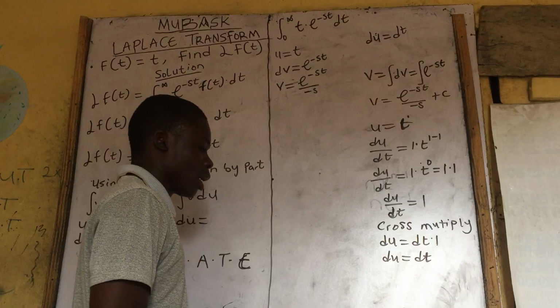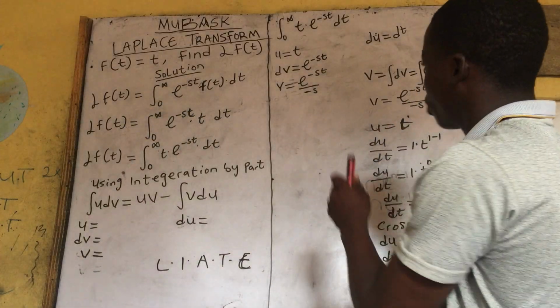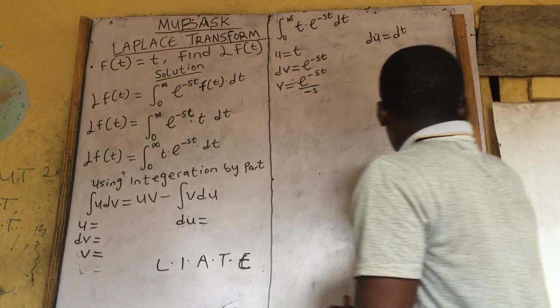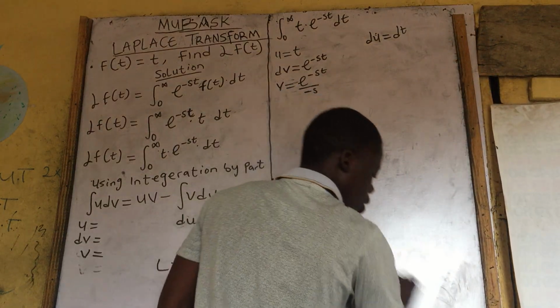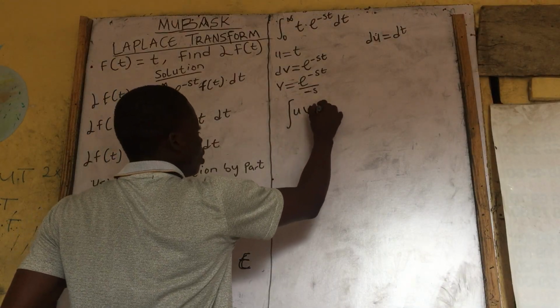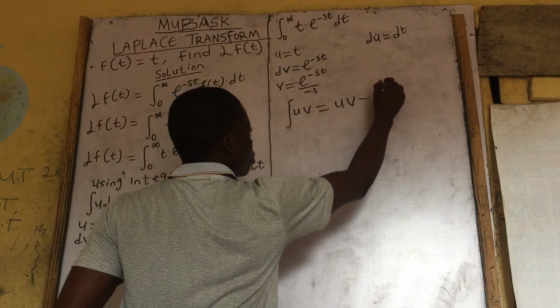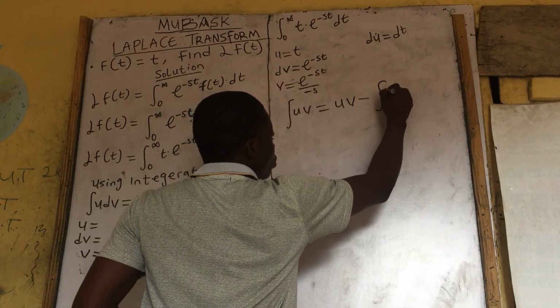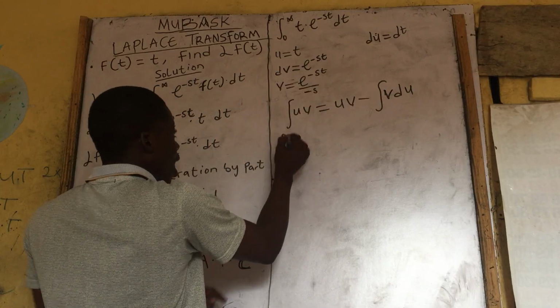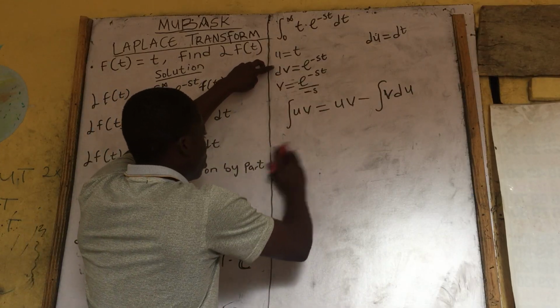So now we can substitute it back into the formula, since we are getting the unknown value. We go back: integral uv equal to uv minus integral v du. What is our u? t.